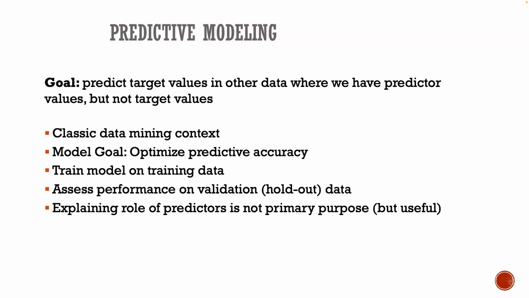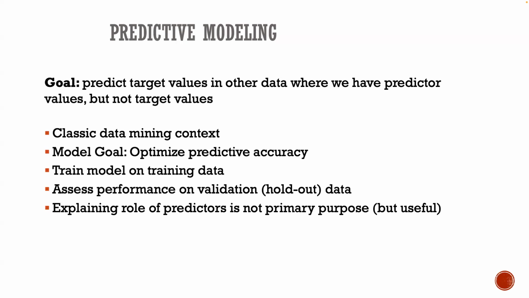Here we want to optimize the predictive accuracy, right? So here we are going back to our previous discussion of evaluating the performance of a data mining model. Here we are interested in reducing the error in our prediction of this new record, which we have not seen yet. So we do the same thing. We train the model on training data, but the assessment of the performance is done on the validation data.